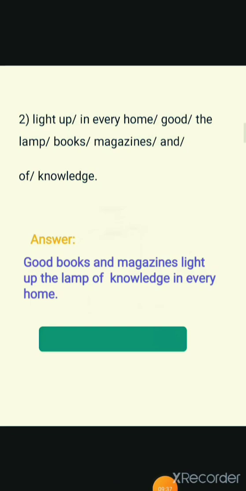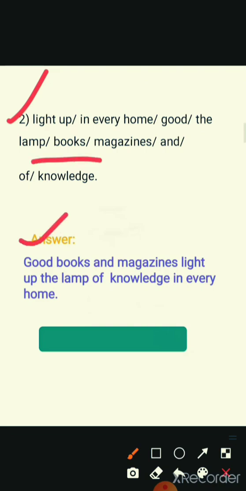See students, there is another example that I have given over here. "Light up in every home, good, the lamp, books, magazines, and of knowledge." These are jumbled up words. You have to convert them into a meaningful sentence. Then how will you write?